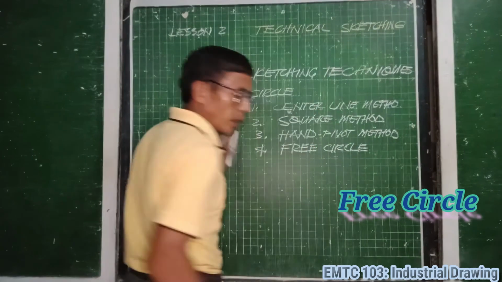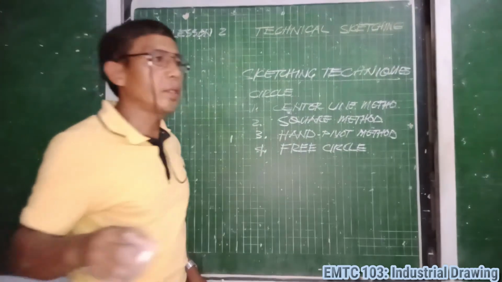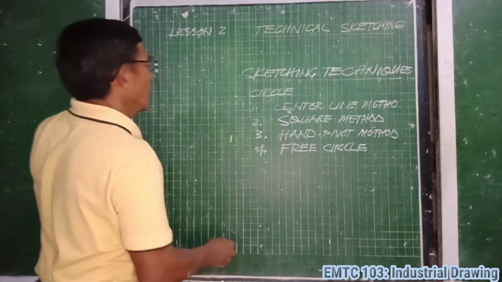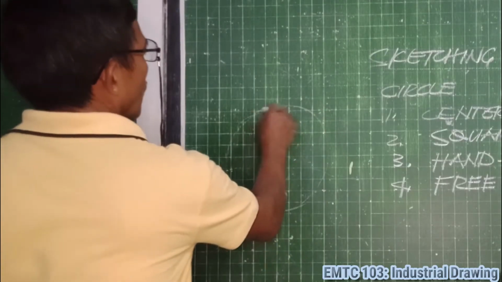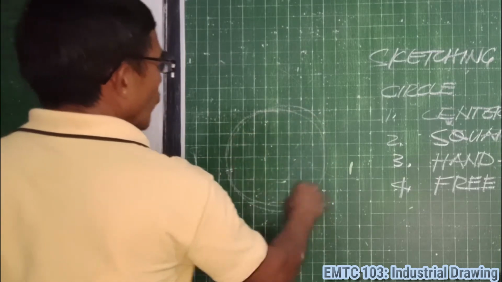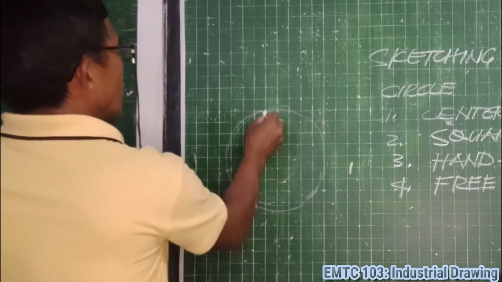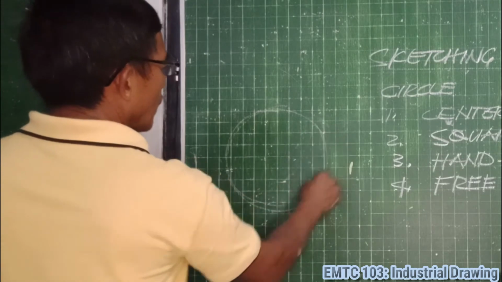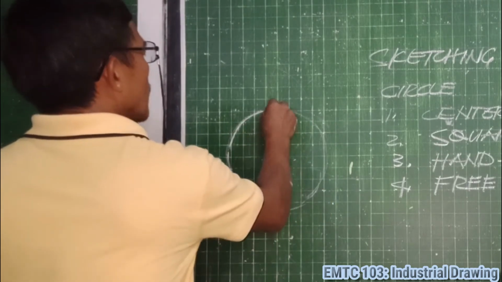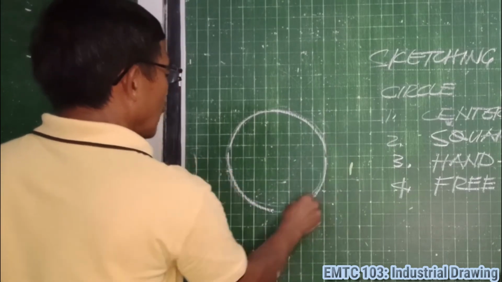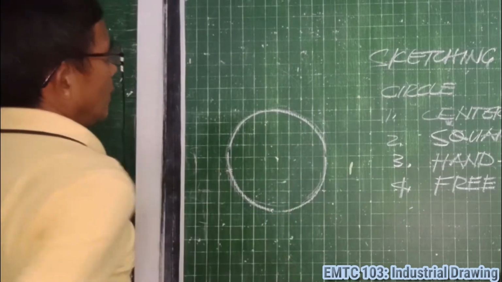Alright, this is the easiest method in drawing a circle. You just draw a circle. There is no square. After that, you are going to darken the line.